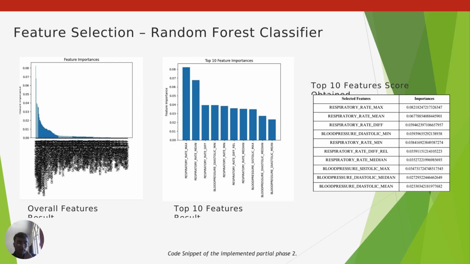Here are the respiratory rate max, respiratory rate difference and mean, and then the blood pressure, respiratory rate, blood pressure. At the end are the max, mean, and median. In order to calculate the statistic result, the main part is the importance score obtained from this.